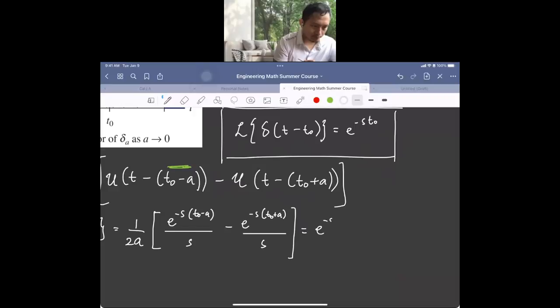And then it becomes e to the negative s t0 over 2sa, times (e to the positive sa minus e to the negative sa).